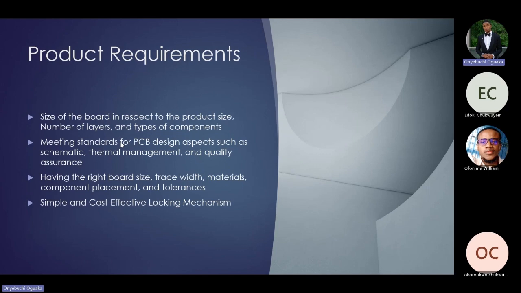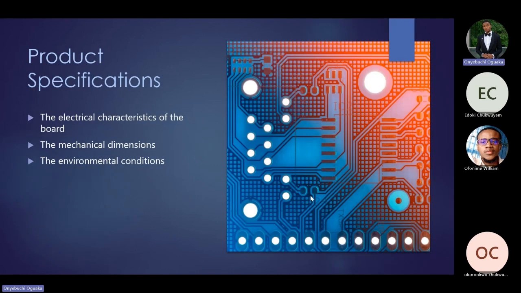You can't draw a schematic that will be meant for toggling a light alone, just because you think it's an electronic product and you're designing a PCB. You just have to give the PCB the required schematic for it. Now, I've explained thermal management, and I'll shed more light on quality assurance.